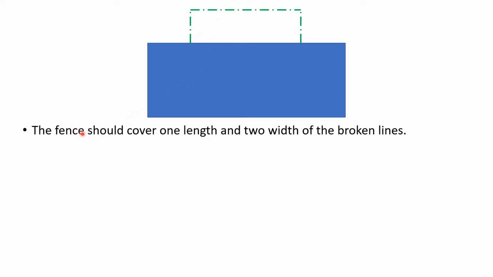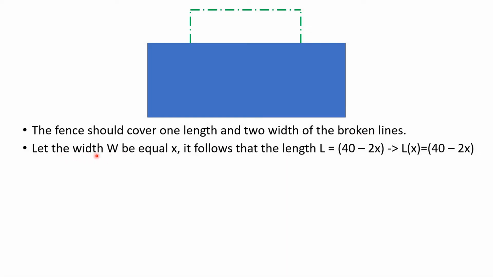So like I said, the fence should cover one length and two widths of the broken line. If we assign X for the width, it follows that L, which is the length, is equal to 40 minus 2X.